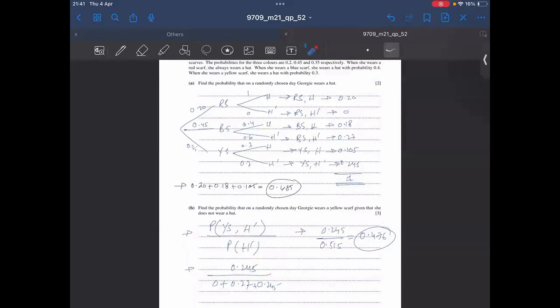That's why in the denominator I have put up these probabilities representing Georgie not wearing a hat. Now, from among these, you are supposed to calculate the probability that Georgie does not wear a hat along with a yellow scarf. So that is 0.245. Put that in the numerator. That's how you get the final answer.